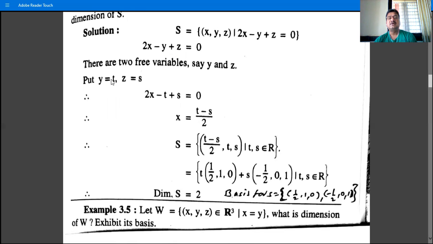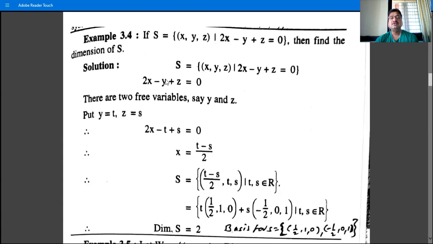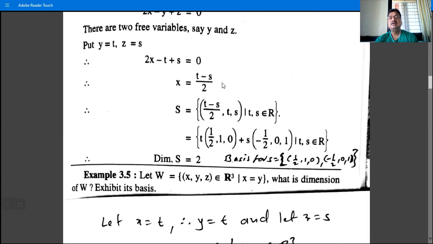Suppose y is t and z is s, and therefore from this equation x is what? x is t minus s divided by 2, and so this is the value of x. Substitute y as t and z as s. So we have x as t minus s by 2, or we write 1/2 t minus 1/2 s.